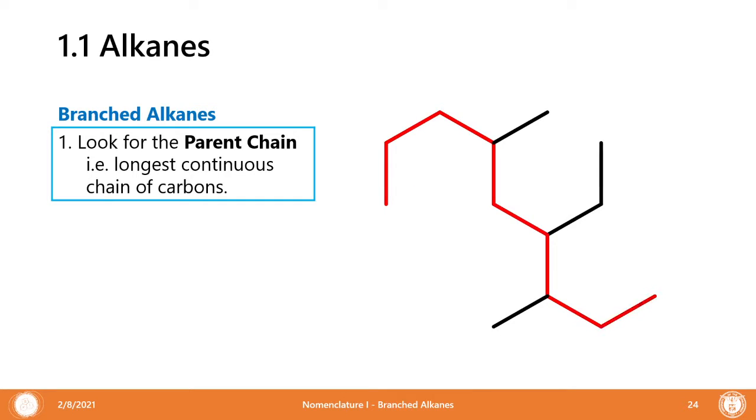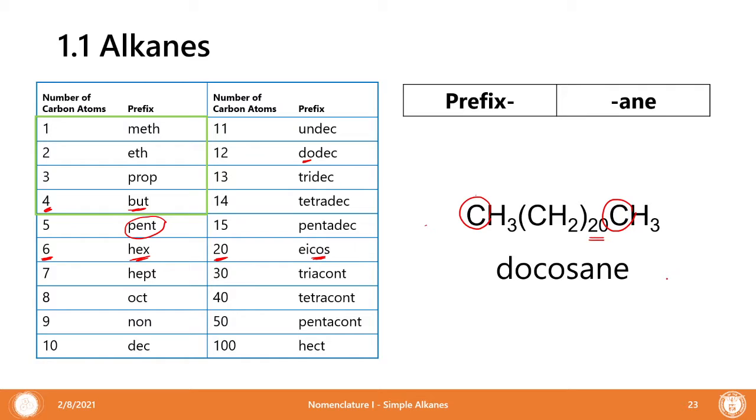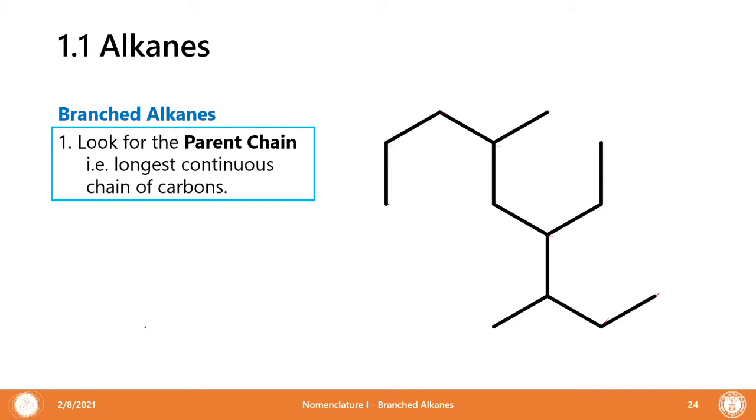So it's this one. That's the longest chain. Now we name it nonane. Why? Let's count how many carbons it has. It has 1, 2, 3, 4, 5, 6, 7, 8, and 9. And if we go back, we have 9 carbons, which means we use the prefix non. So it's nonane. That's the parent name.